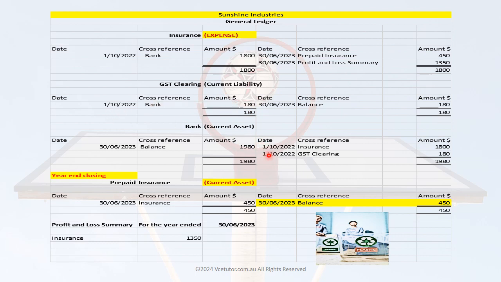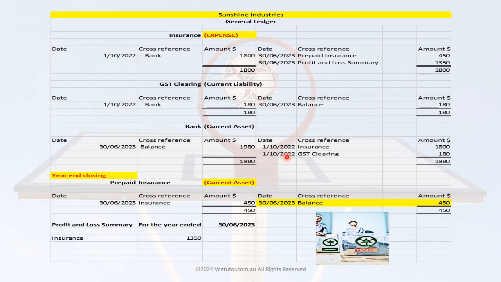GST clearing, it's a current liability account, and on the day when it was paid on 1/10/2022, 180 was paid. By putting it on the debit side, we are saying the liability is reduced because whatever you paid to any expenses, GST, that amount of GST you don't have to pay to tax office.